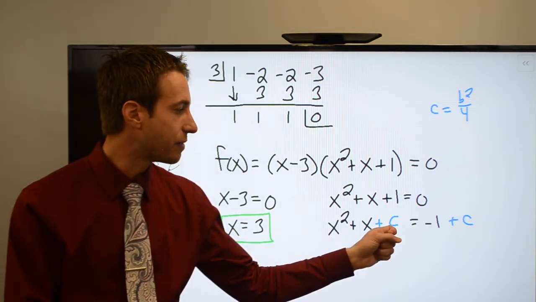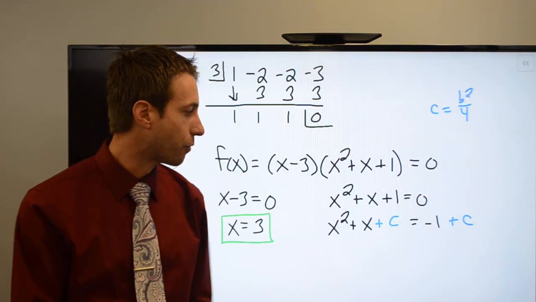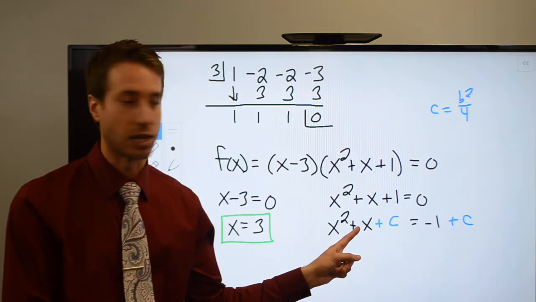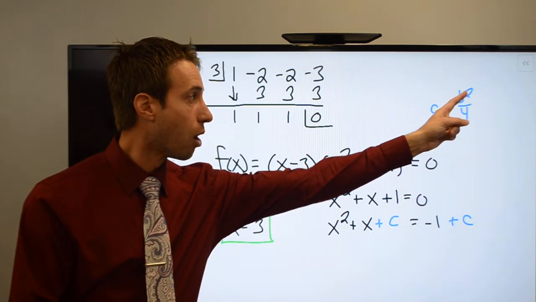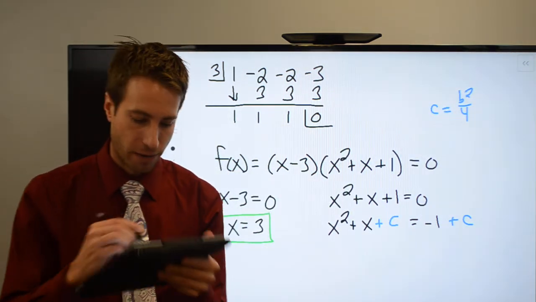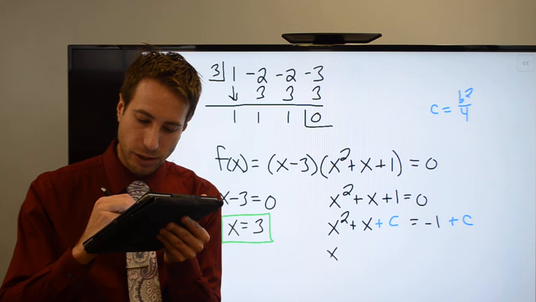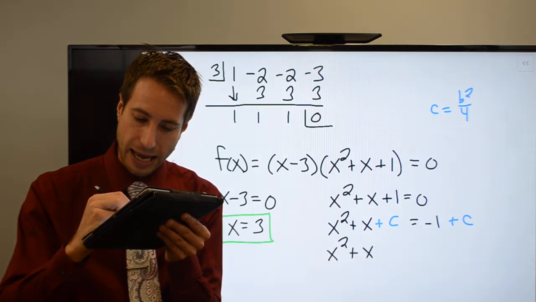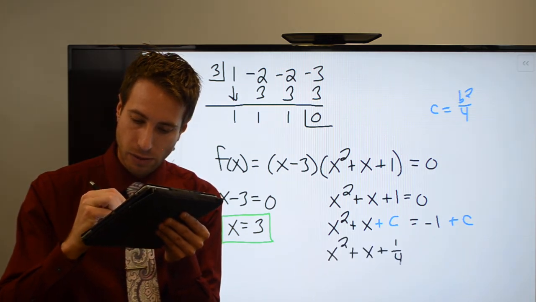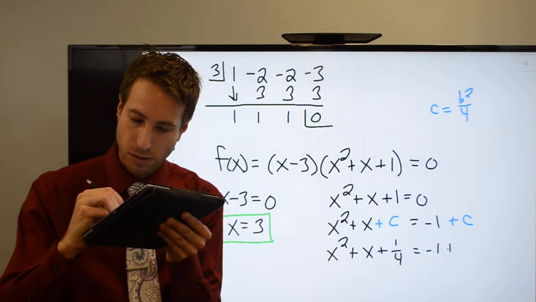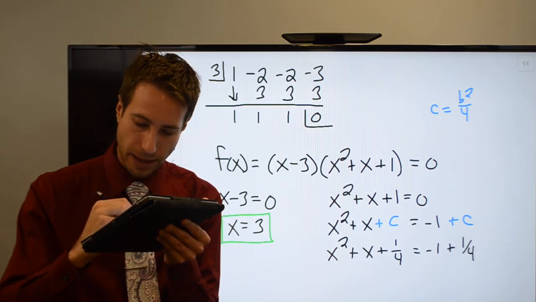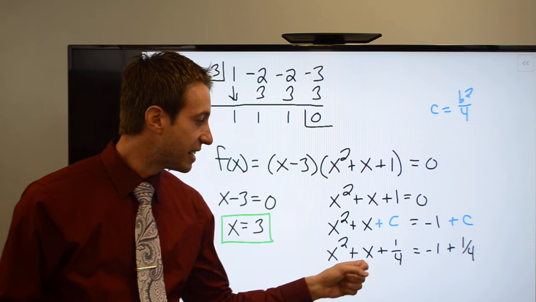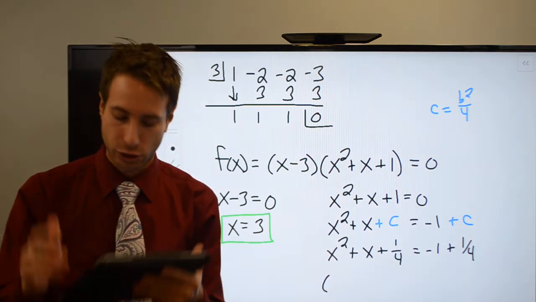What is the value of that c? Well, it's b squared over 4. And my b is a +1. 1 squared is 1. 1 divided by 4 is 1/4. So in order to complete the square, I'm going to add a 1/4 to both sides.